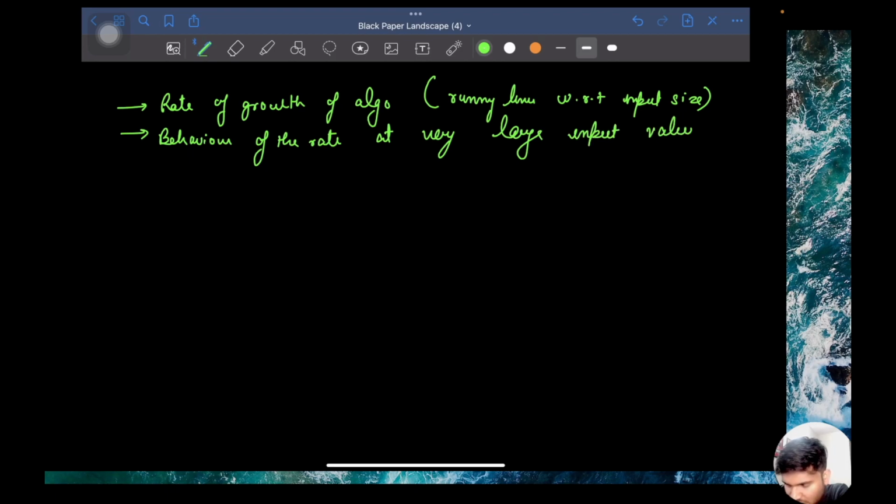These are going to be the two major criteria based on which we are going to do everything around asymptotic analysis.